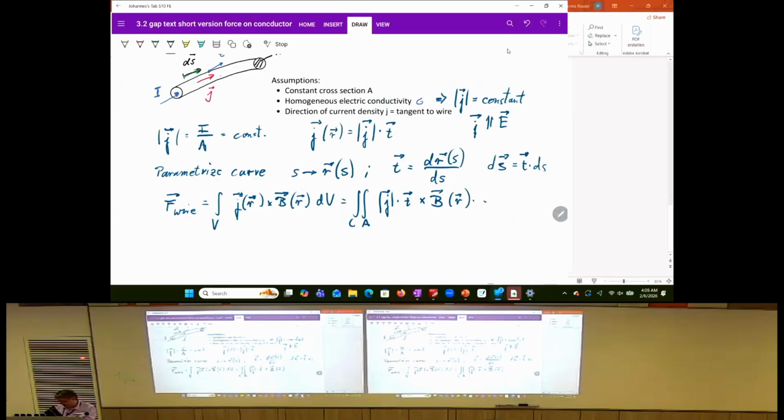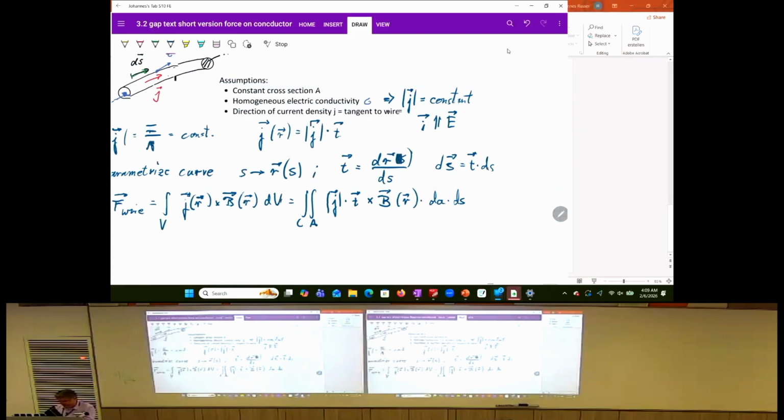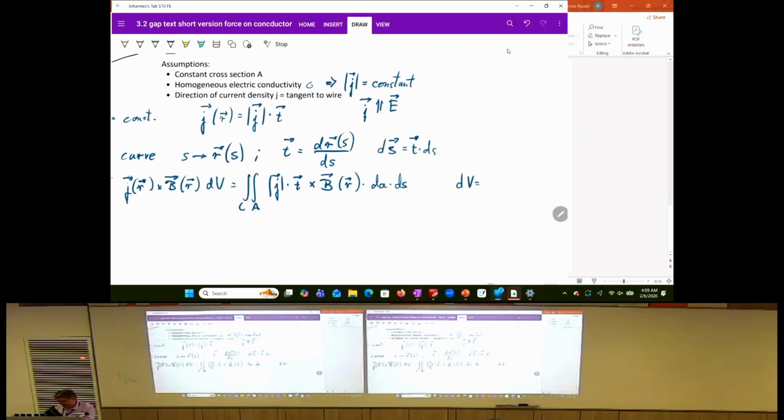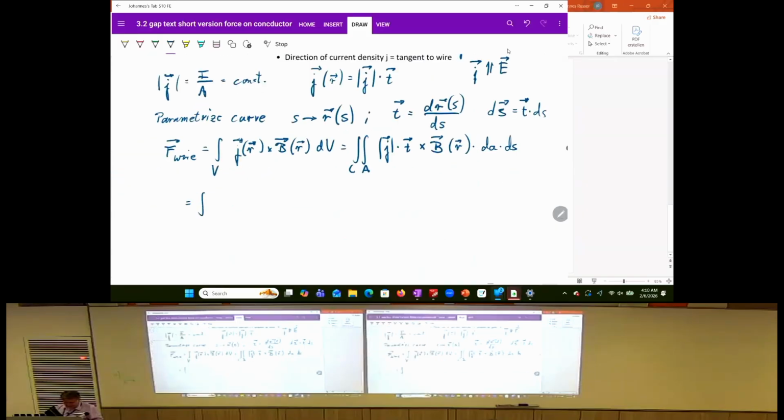And we integrate over the surface and over the length. You see the differential volume element has been split up into a differential area and a differential line segment element. So this is our curve integral, and then we have our area integral over the cross section.